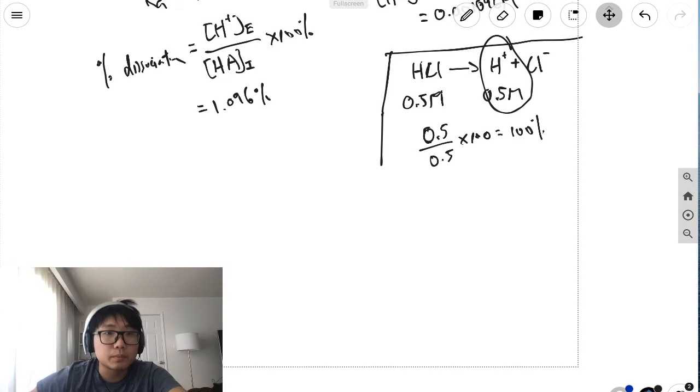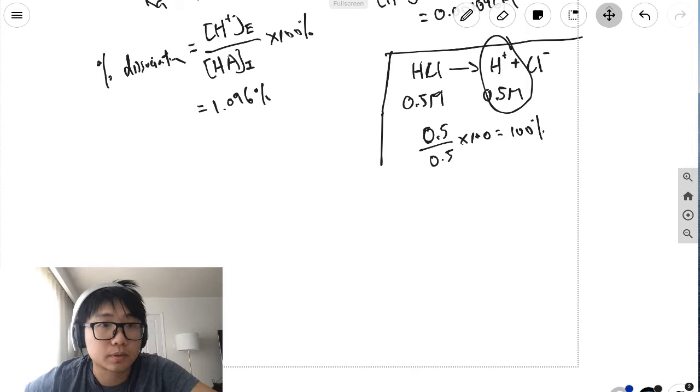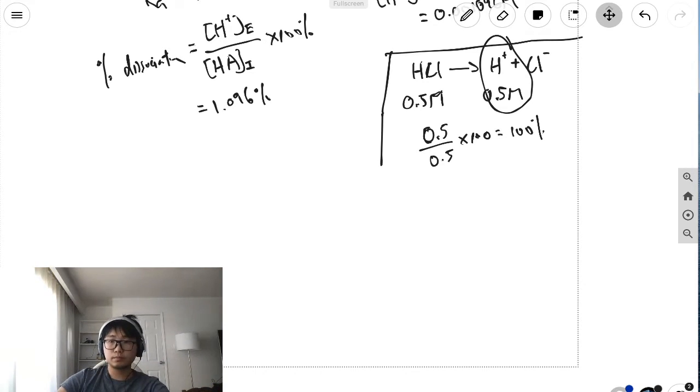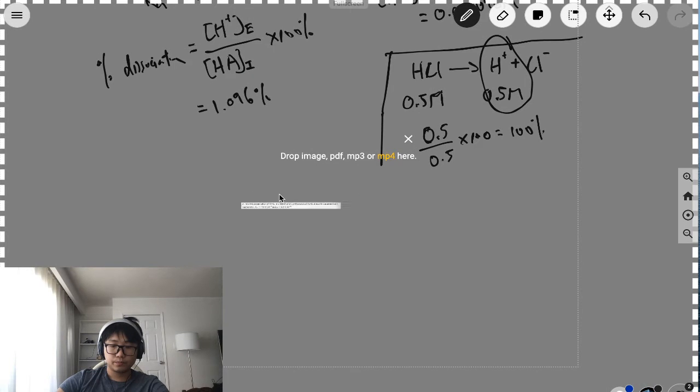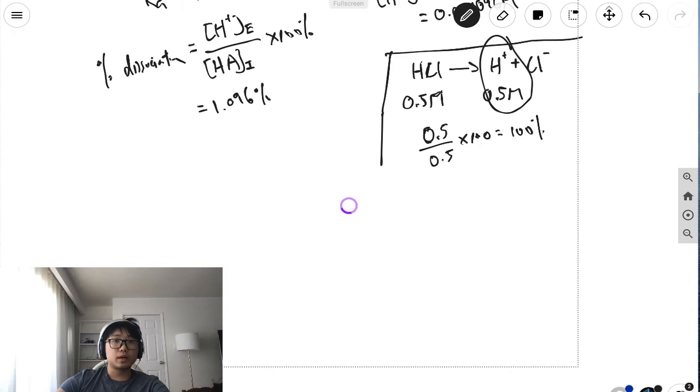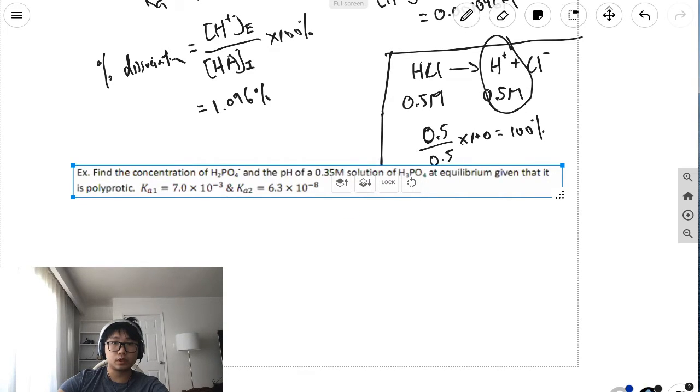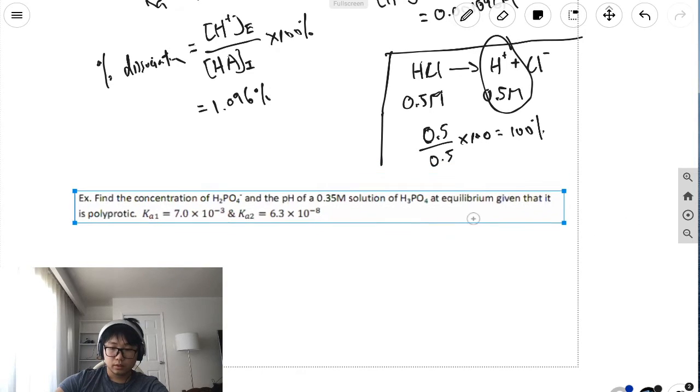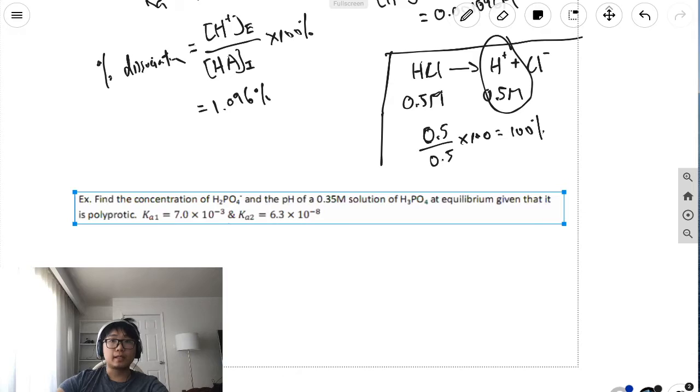Here, let me just copy paste the problem onto here. Okay, so here's the example problem. It says find the concentration of H2PO4 minus and the pH of a 0.35 molar solution of H3PO4 at equilibrium, given that it is polyprotic.